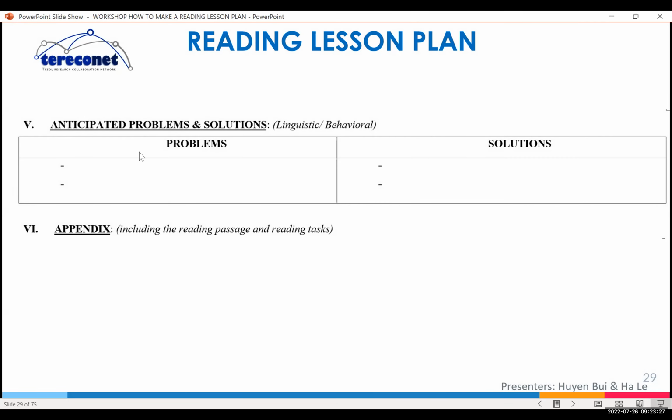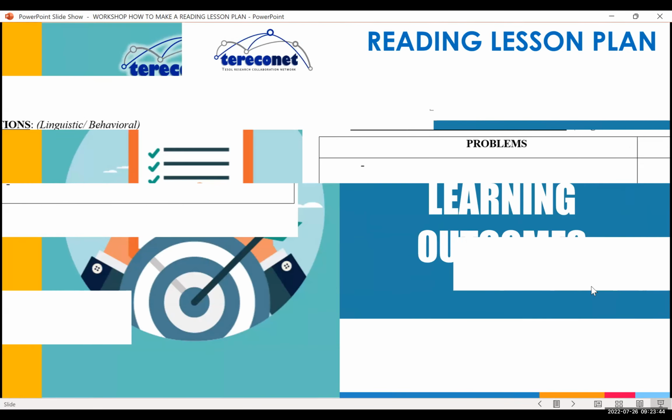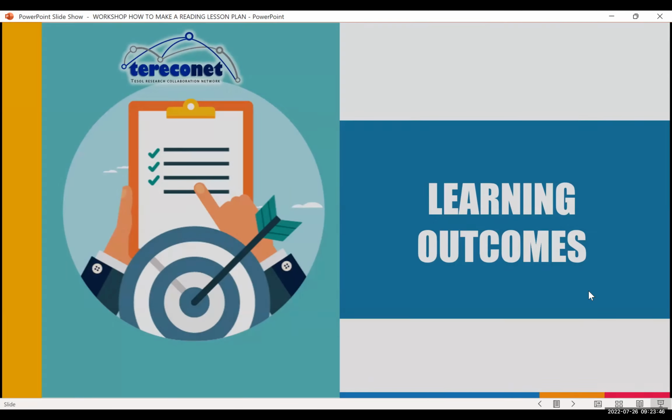After that, as the teacher, you also need to anticipate some problems and the solutions for your class. For example, in case the students do the task so quickly, what else should we do with those kinds of students? Okay, so now let's move to the learning outcomes.